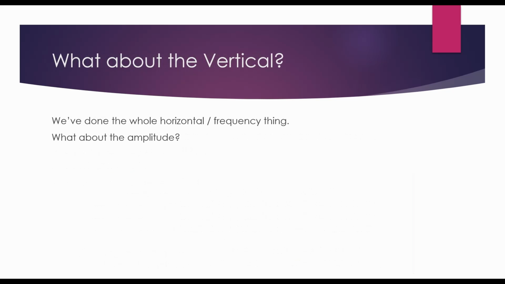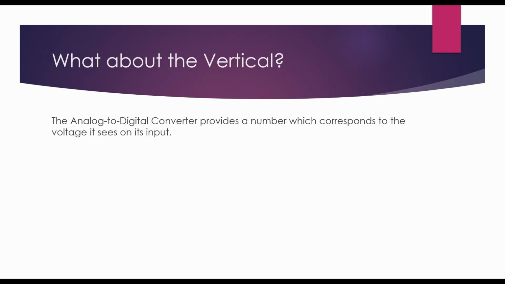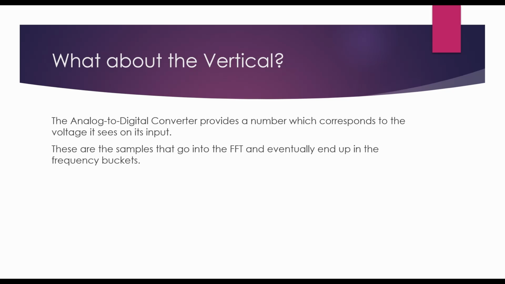Now we've done the whole horizontal frequency thing. What about the amplitude? Well, the analog to digital converter provides a number which corresponds to the voltage that comes to it. And that goes to the processor. And these are the samples that go into the FFT and eventually end up in the frequency buckets that we've been talking about.